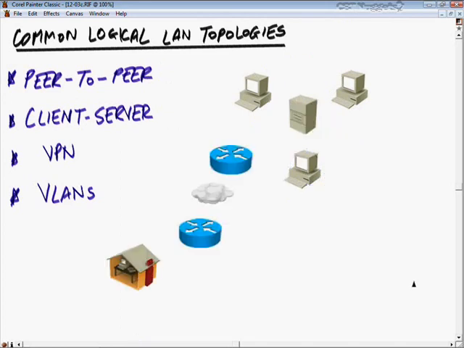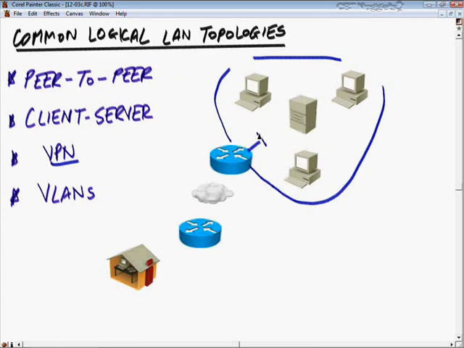Another LAN architecture or topology is what we call a virtual private network. What a virtual private network does is it takes our local area network or our corporate network that is behind a router and a group of switches, for example, and we extend this private network, or we virtualize it, over some untrusted network like the internet, or a telecommunications company's network, or a service provider's network.